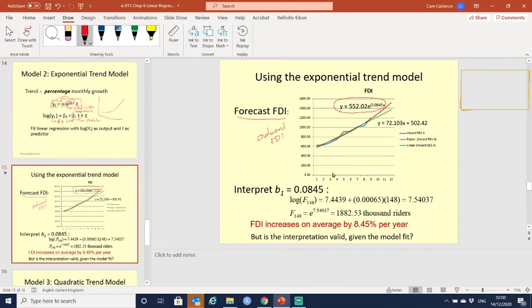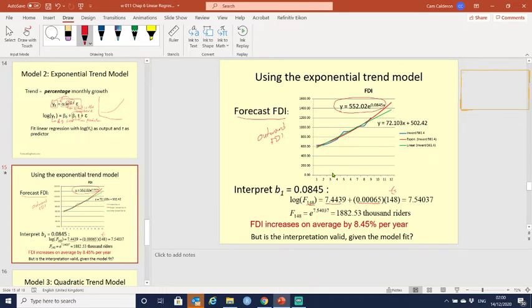Look how the number e is here. The number e is the inverse of the logarithm, right? So what is the interpretation? With a beta equal to 0.0845, the logarithm of the forecast in time 148 equals 7.4 plus this coefficient times t equal to 148.